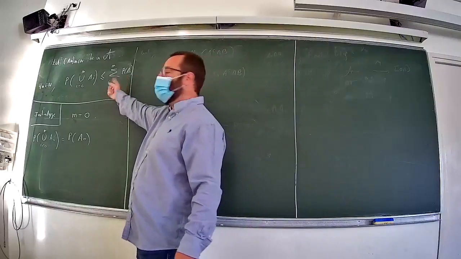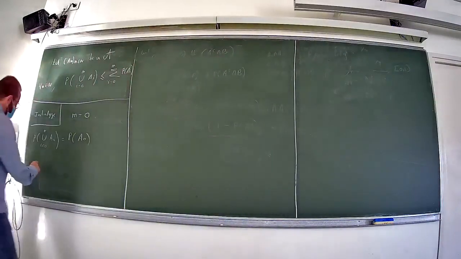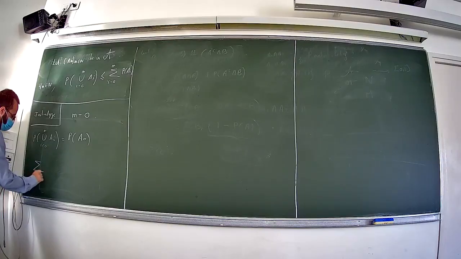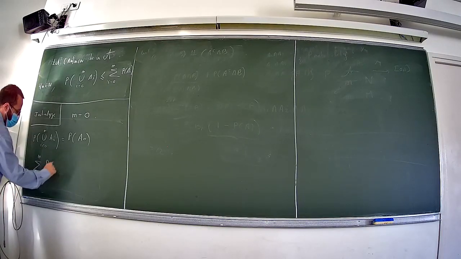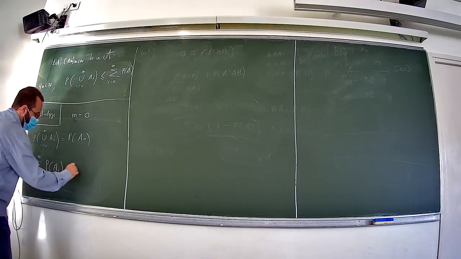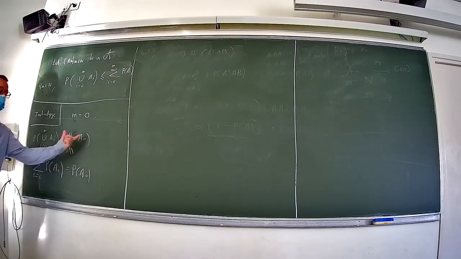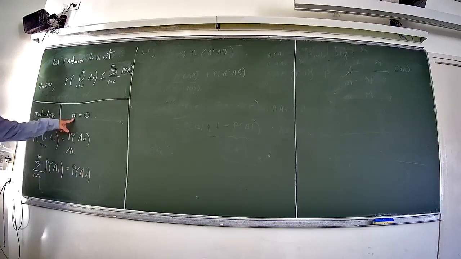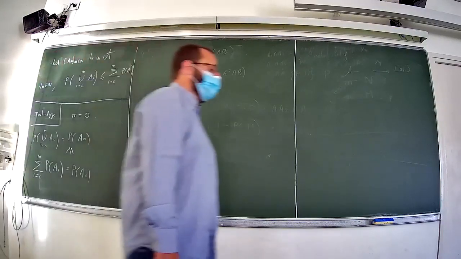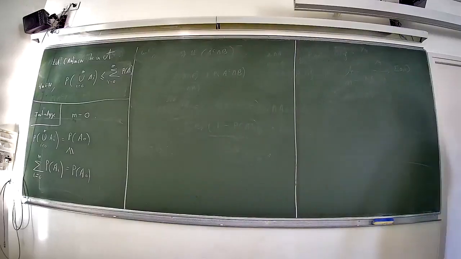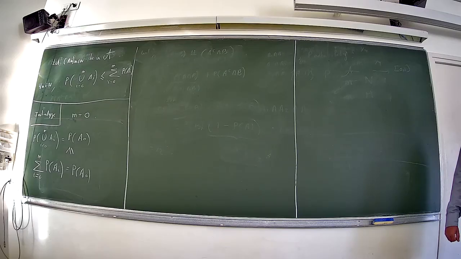For the sum the same: if I take n equal to 0, I have a single term in my sum. And of course, it's not that complicated to see that in fact I have an equality, and so I have the inequality I want. This one is less than or equal to this one, because they are equal. So it means that for n equal to 0, I have done the job. So this is the initialization of my reasoning. I prove it for n equal to 0.